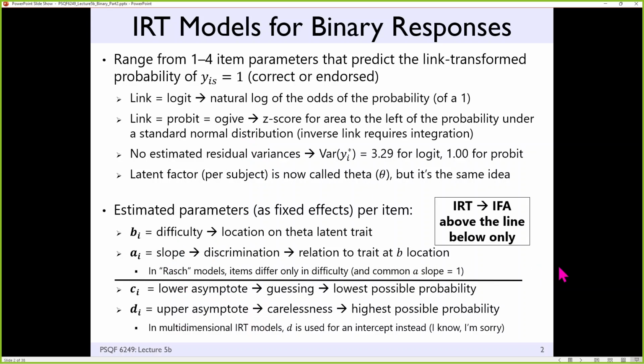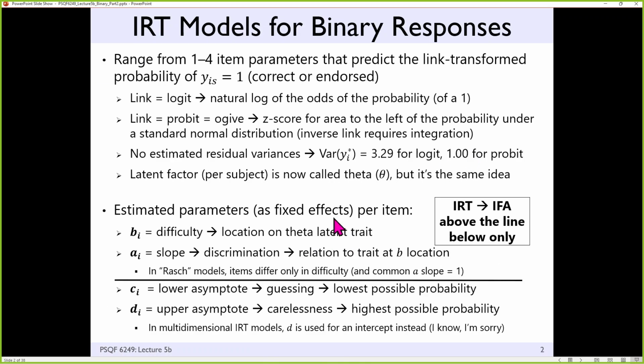Now, a and b are all we're keeping for now. There is no direct translation into factor analysis for IRT models that include upper or lower asymptotes. There's no other way to estimate them besides full information maximum likelihood, or the Bayesian version that adds priors to that. So we're focusing on 2 parameter models from this point forward.